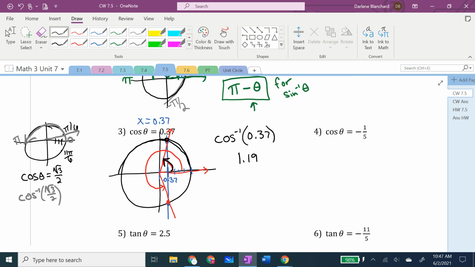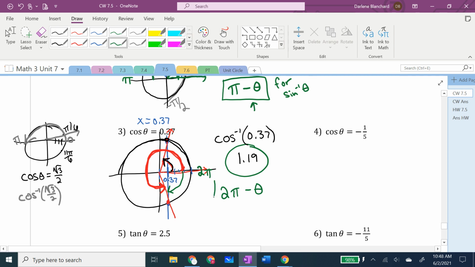If you look at this picture right here, and you think about the symmetry involved, then what you want to see is if you start at 2 pi and you subtract this angle, that will give you this angle.